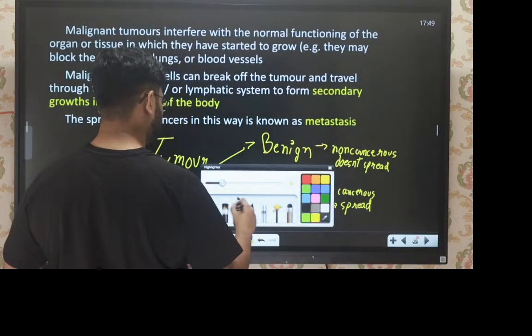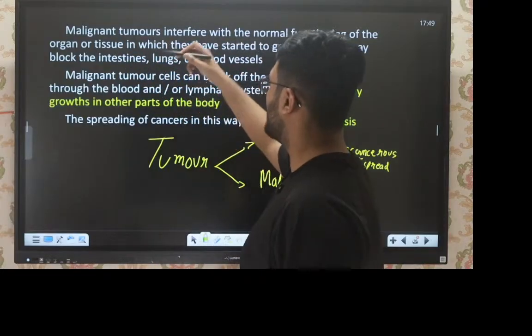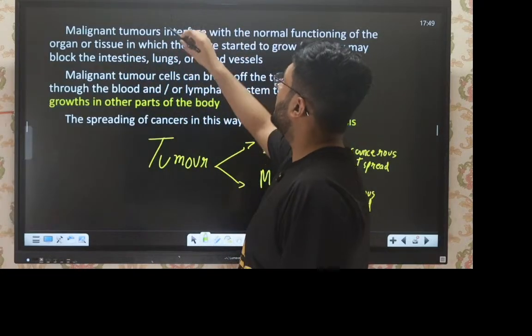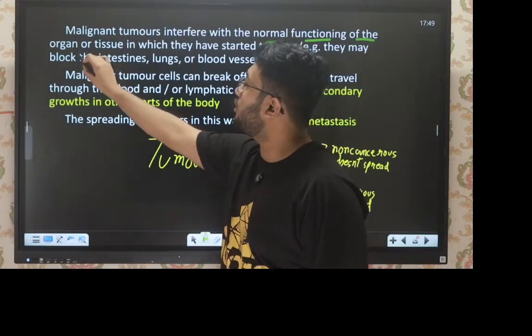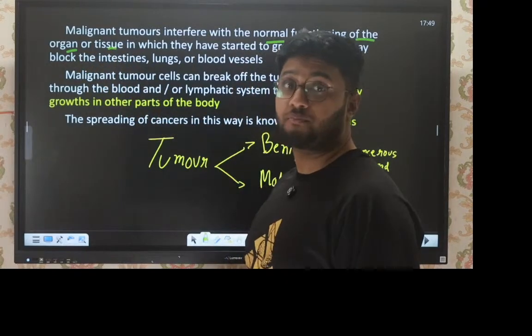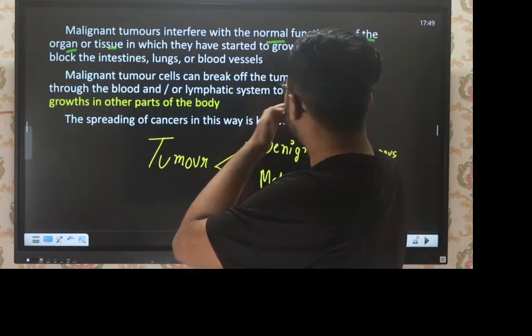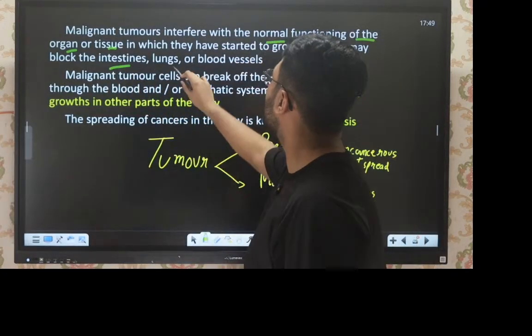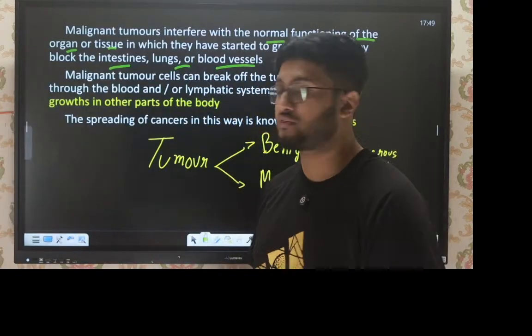Now let's learn a little bit about malignant tumors. How are malignant tumors cancerous? They interfere with the normal functions of the organ or tissue in which they have started to grow. For example, they may block intestines, lungs, blood vessels. Basically, they interfere with organ function and tissue function.